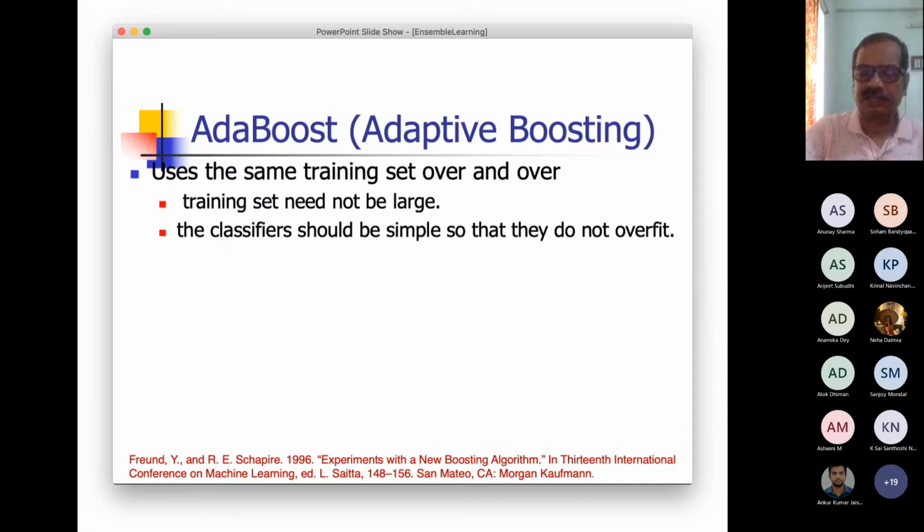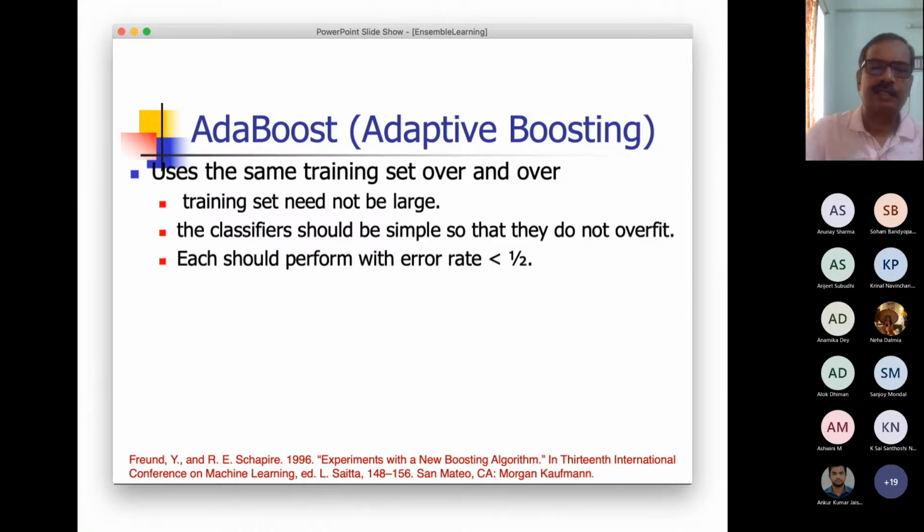That is another thing: the model should be simple, and each should perform with an error rate less than half. That means they should be marginally better than a random guess. In a two-class problem, if you randomly guess, there is a 50% chance that it is correct. It should be marginally better than the random guess.